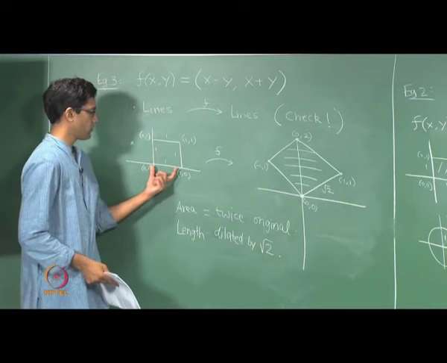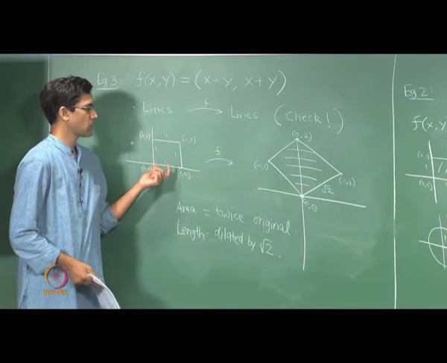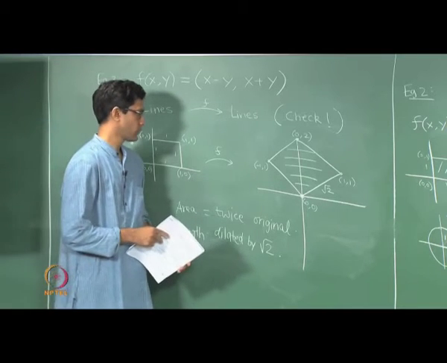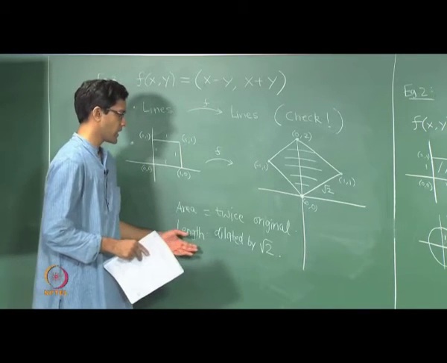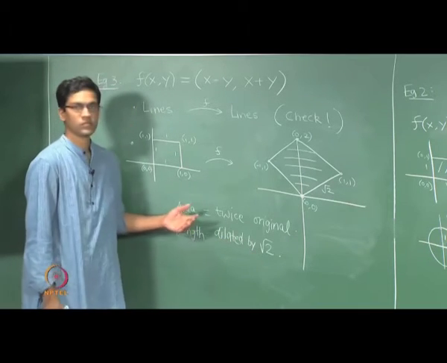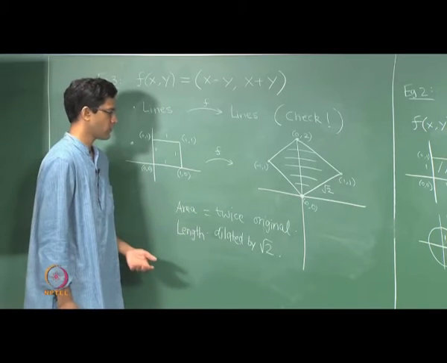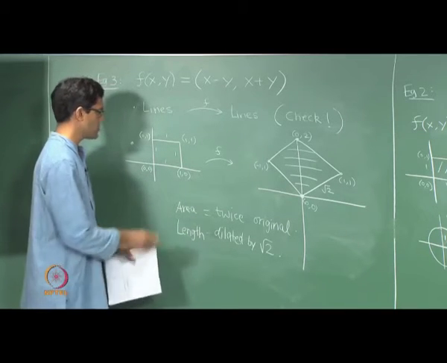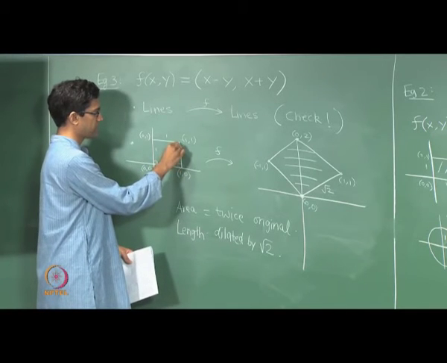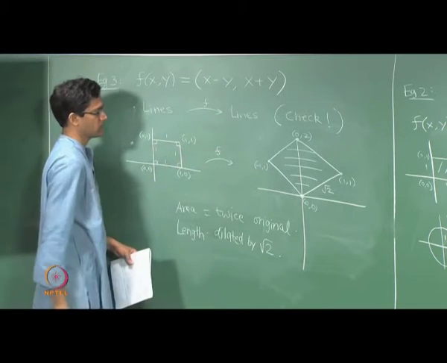At least for this square, all of these sides are of length 1 and the resulting sides have length square root 2. So, it seems that the length of line segments is multiplied by a factor of square root 2, therefore the area is multiplied by a factor of 2, but one nice thing is that the angles are unchanged. This was a square and that seems to remain a square in the other case as well.